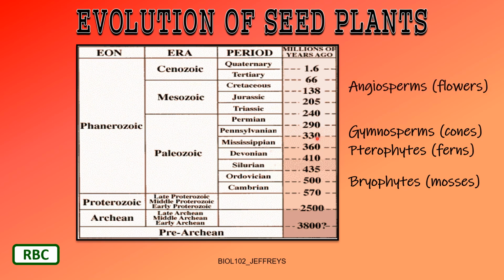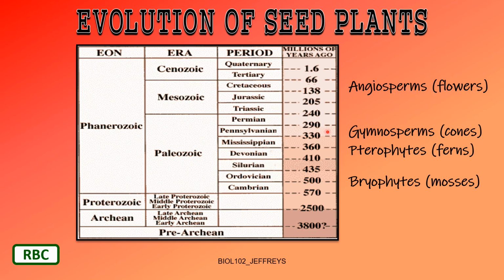And then the angiosperms. Now, these are the two groups of seed-bearing plants we're going to be talking about, the gymnosperms and the angiosperms. The angiosperms, we call them the flowering plants. Any plant that you see out there that bears a flower, that's an angiosperm.